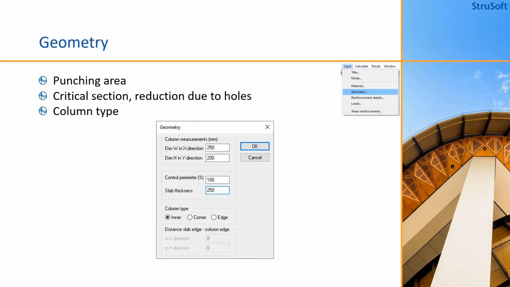So it's basically where we have the punching of the slab. We also select the column type, if it's an inner column, a corner, or an edge column.